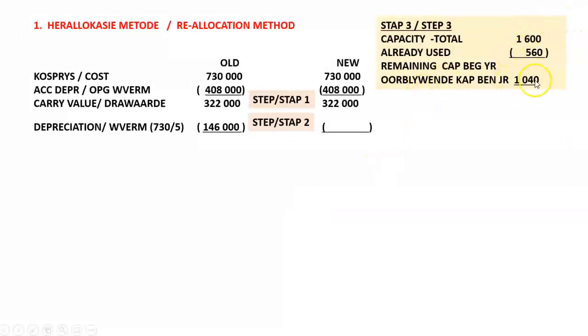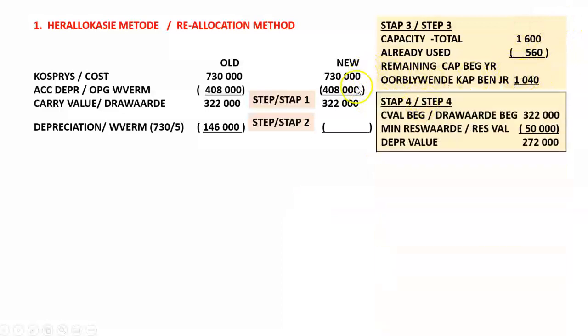So the remaining capacity at the beginning of the year is 1040. The depreciable value is the following step: that would be my carry value, 322,000, less my estimated residual value of 50,000, so the depreciable value is now 272,000 rand. Good.